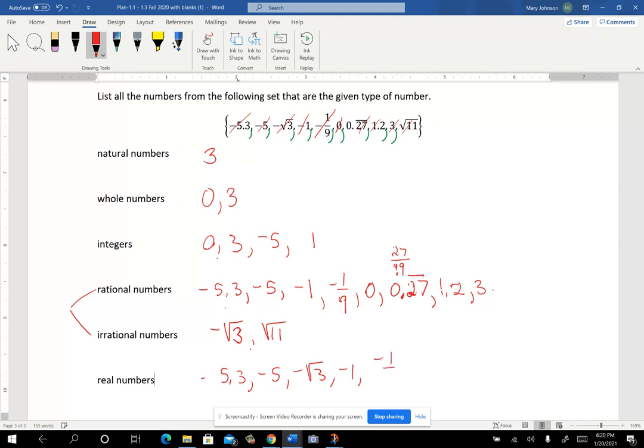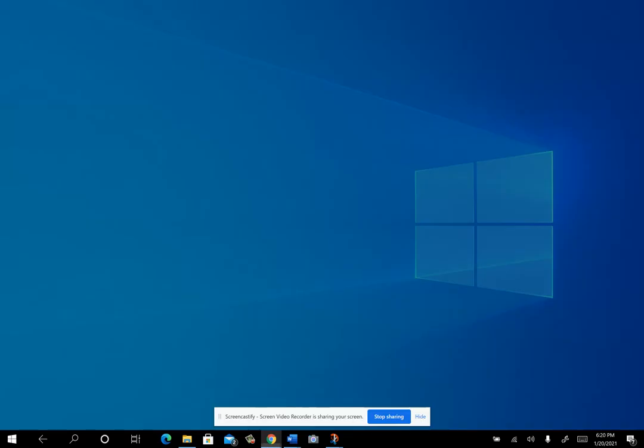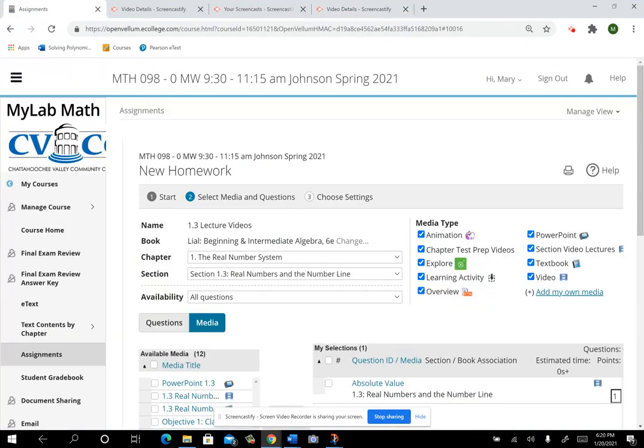Wouldn't matter the order. But all of them, whether you're rational or irrational, you're still real. So that whole entire list, all of them is what you'd put. Okay? All right, let's go back to the homework now. I want to do a problem out of the homework for 1-3.